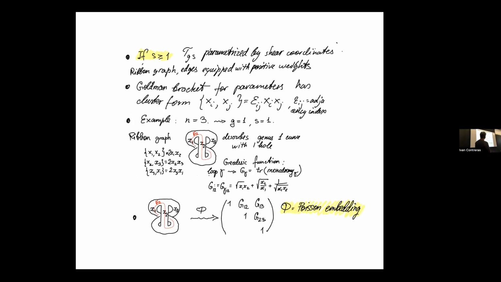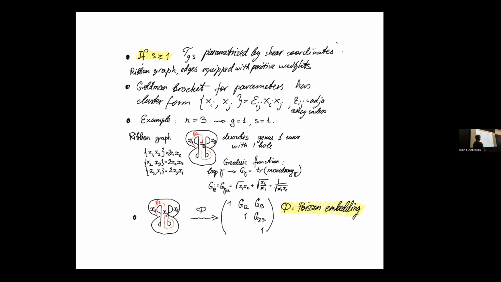For the case of the torus with 1 hole, it goes like that. The torus with 1 hole can be equipped with so-called shear coordinates in terms of Poisson bracket. They have very nice expressions. This is the fat graph drawn for the torus. Each edge of the fat graph is equipped with 1 parameter x1, x2, x3.